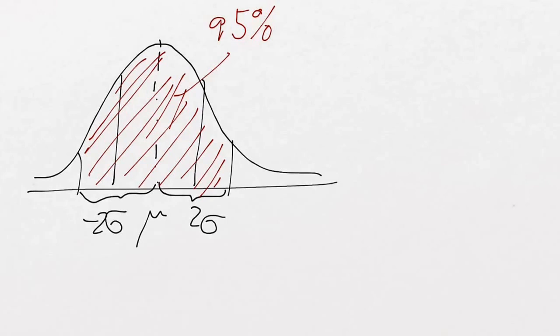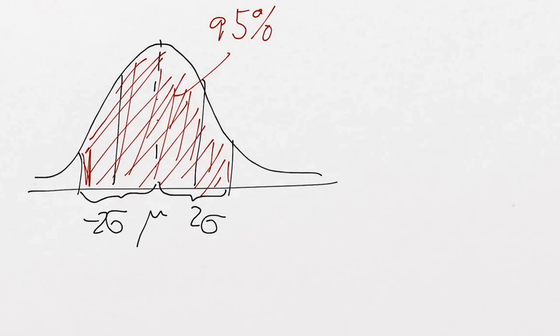Or in other words, if I pick just a number, a datum, singular of data, there's a 95% chance that it lies in this range. In other words, there is a 5% chance that this thing doesn't lie within it.